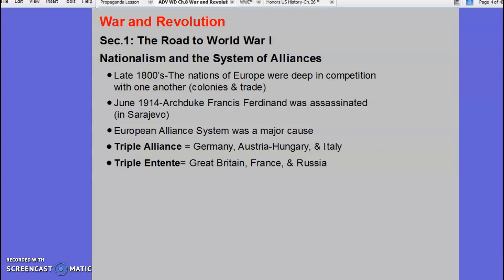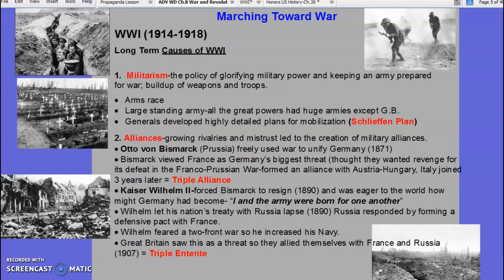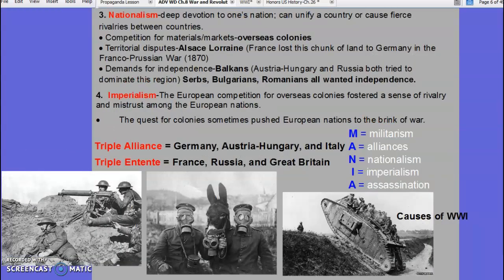Okay, the war, if you guys all did your mania sheet, the war has long-term causes and short-term causes. So we had our long-term causes, and then we had our short-term, which I like to call the spark that started the war.